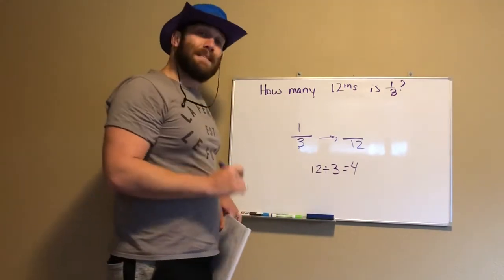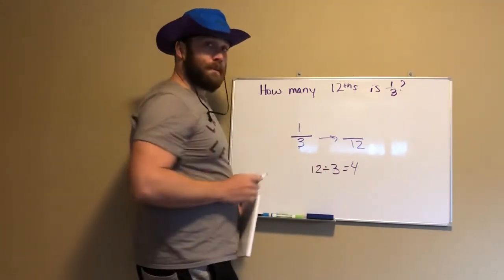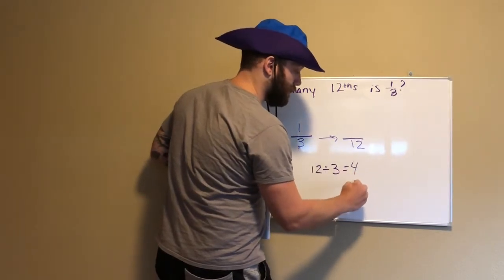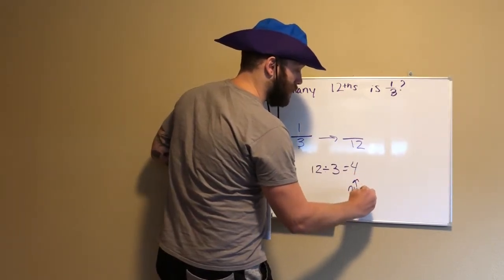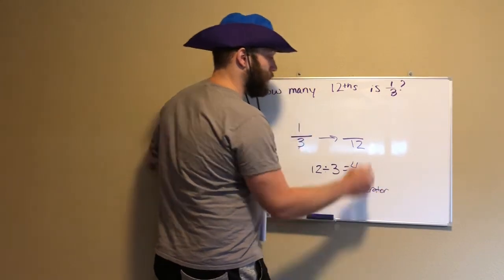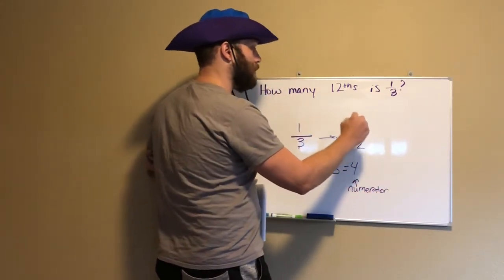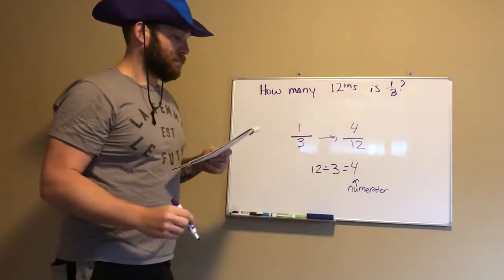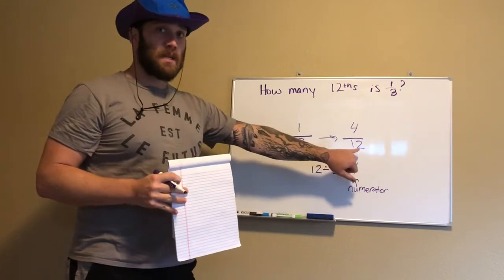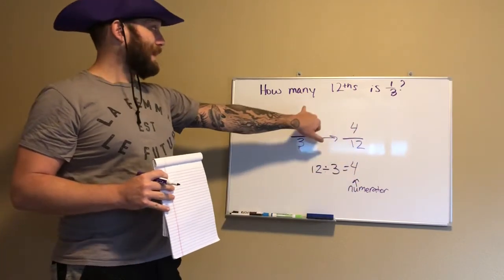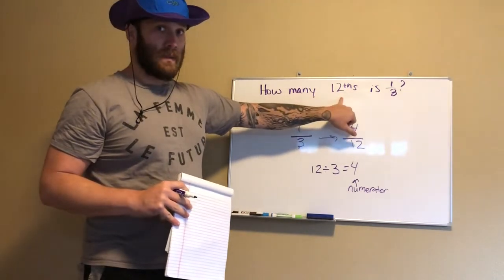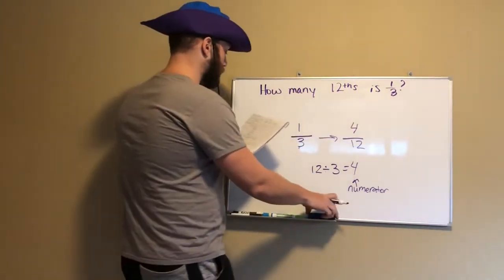The reason why we did that is because we're dividing the denominators to get our numerator. And as we know, the numerator is our top number. Pretty simple. You divide the denominators to get your numerator for what it's asking you to do. It's asking us how many twelfths.